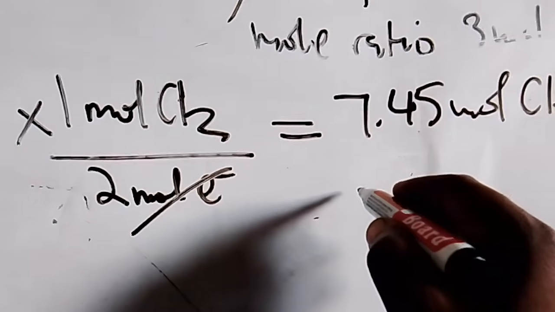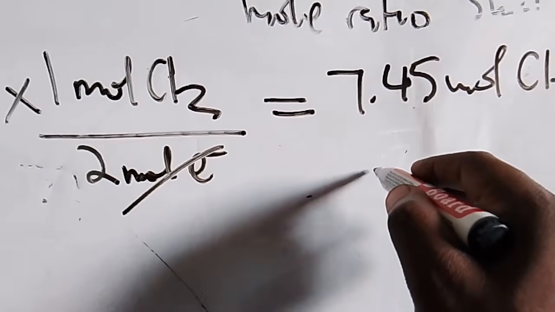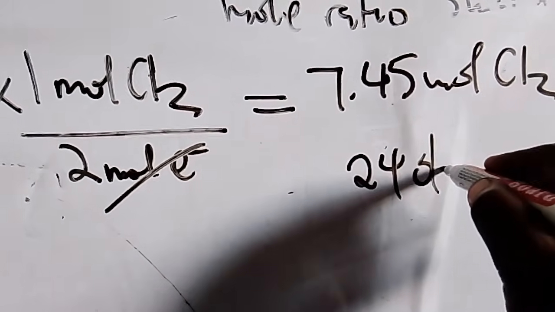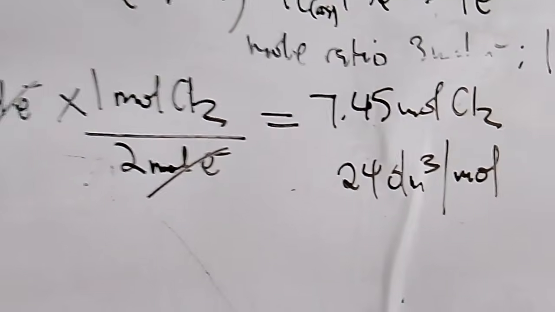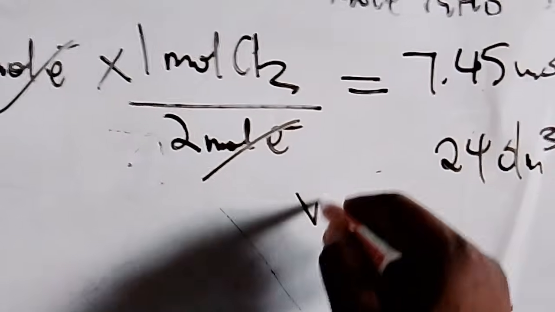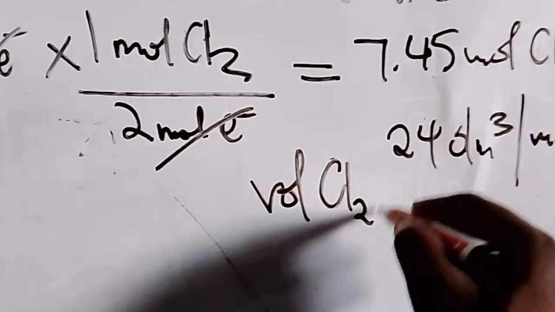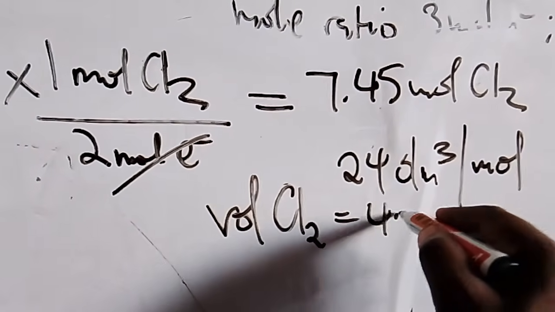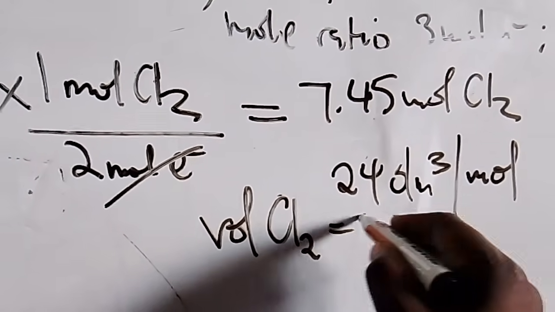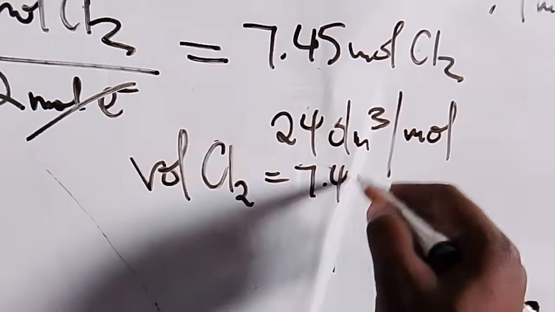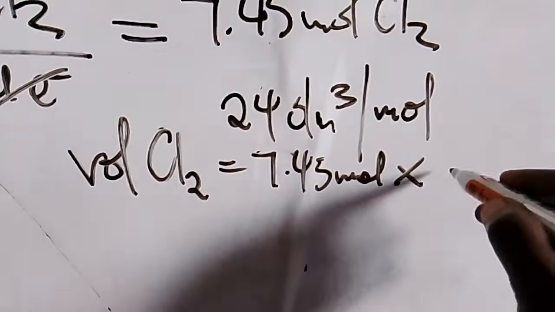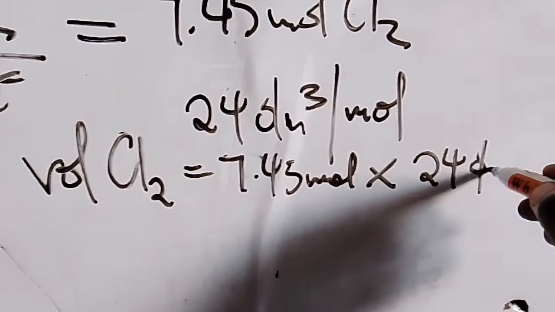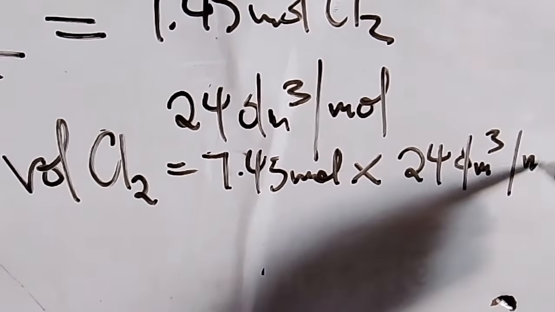For the gas at room temperature and 1 atm, the volume of an ideal gas is 24 decimeter cubic per mole. Then the volume of chlorine gas produced will equal 7.45 moles times 24 decimeter cubic per mole.